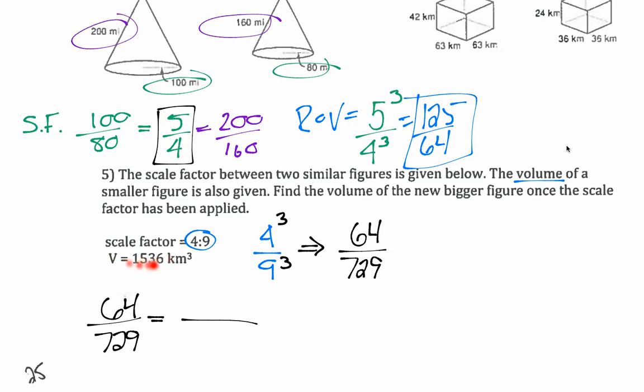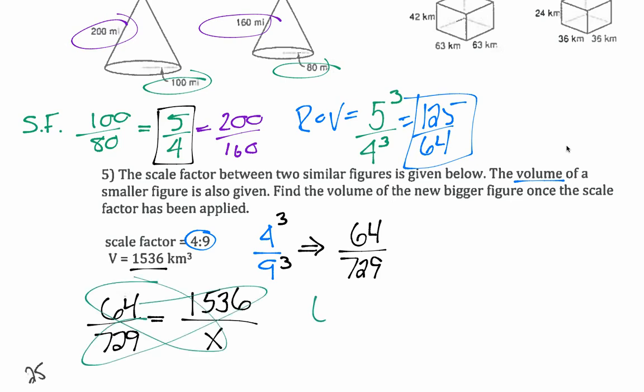So 1536 has to go either on the top or bottom. Let's see. It says find the volume of the bigger figure. So that means we're looking for the bigger figure. That means this must be the smaller figure.